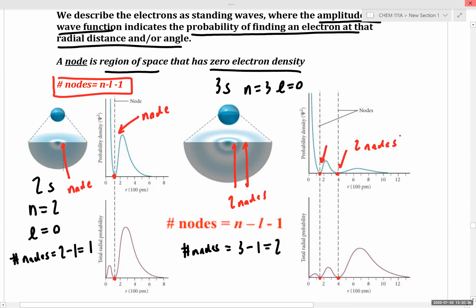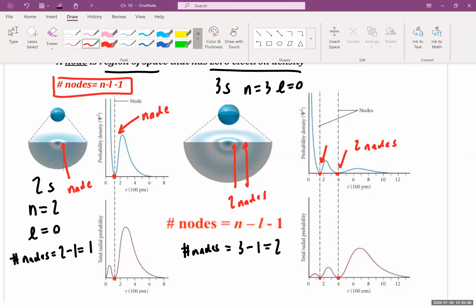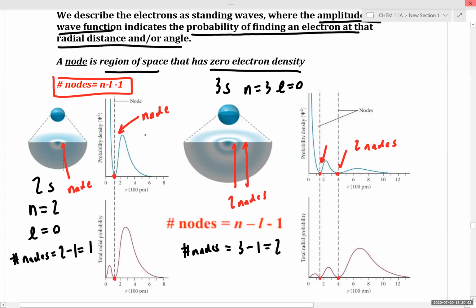Okay, perfect. Nodes are really important to understand when we start to look at how orbitals interact, whether we observe constructive, destructive, or no interaction whatsoever during an orbital overlap.